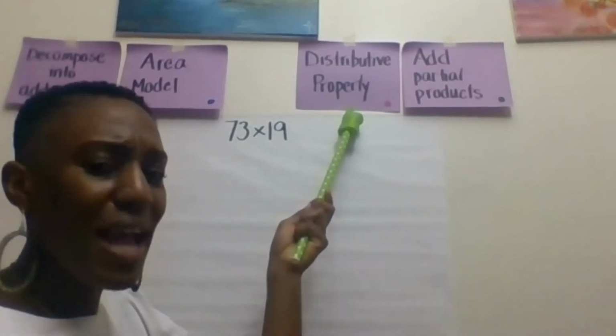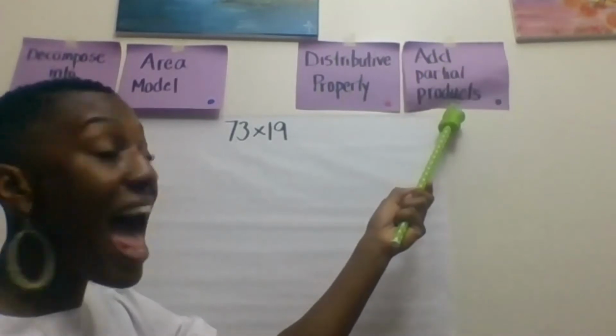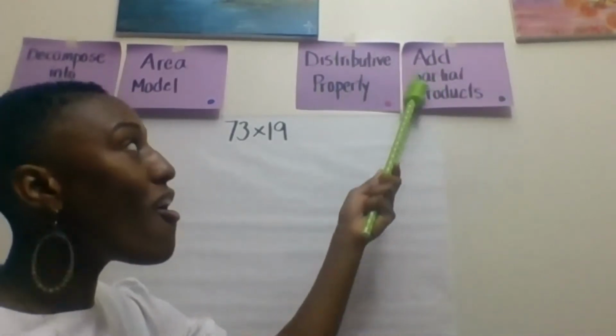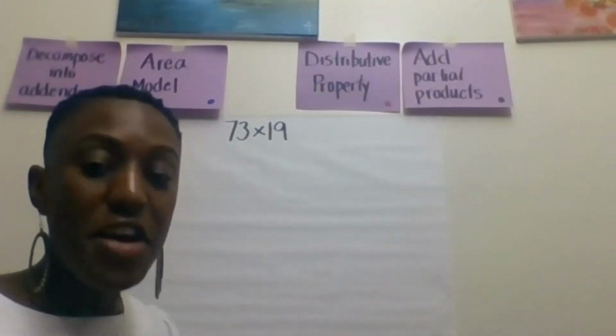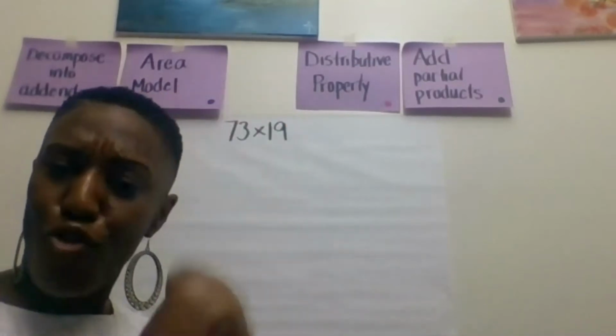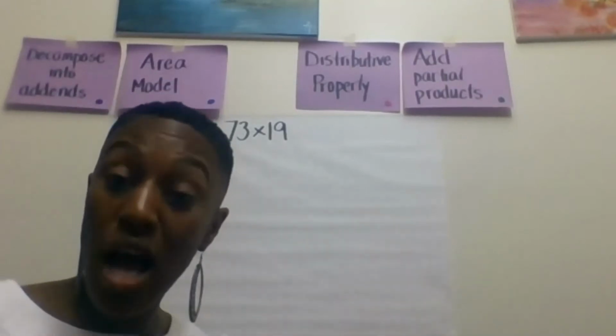And then once we have all of those partial products, we close it up and we add them because partial means part of. So we need to add all of our partial products together so that we can find the final product. So if you're ready, get ready, grab your pencil, and let's work along with this.